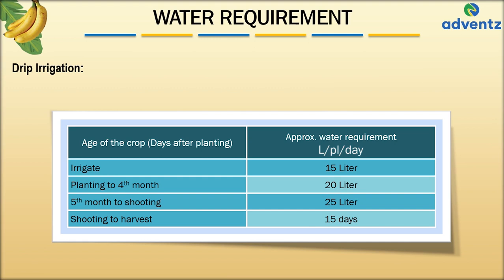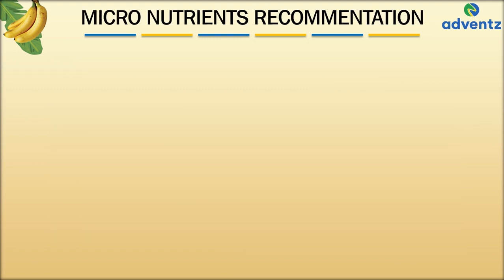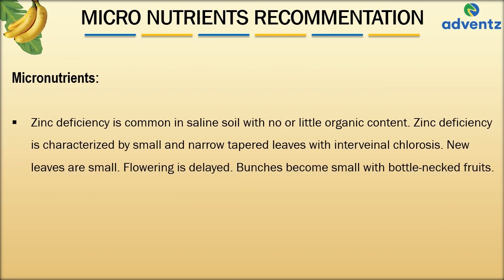Now we will understand the micronutrient requirement, the important micronutrients recommendation for a banana plant. The important micronutrients required for banana crop are zinc and boron. Zinc deficiency is common in saline soil, which has no or little organic content.